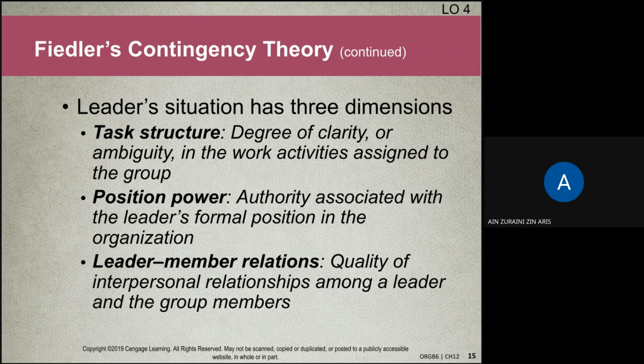But a leader who faces gossip, passive resistance, or open challenges is an example of poor leader-member relations. So these three dimensions, task structure, position power, and leader-member relations, are used by Fiedler to assess how favorable or unfavorable a leadership situation is.